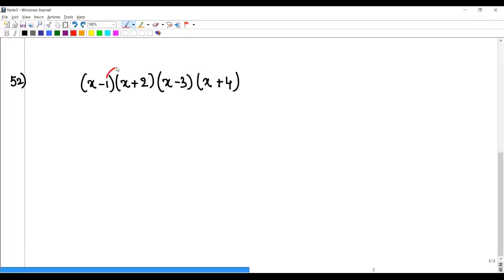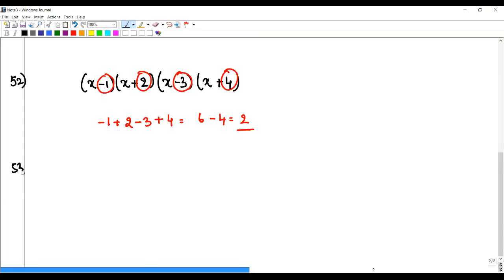Or else you multiply minus 1 into x into x, like this. So in the first case you get the coefficient as minus 1. Second case you get it as 2. Third case you get it as minus 3. Fourth case you get the coefficient of x cube as 4, which is 6 minus 4 is equal to 2. That is the coefficient.